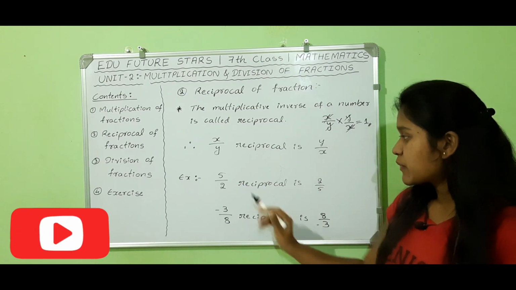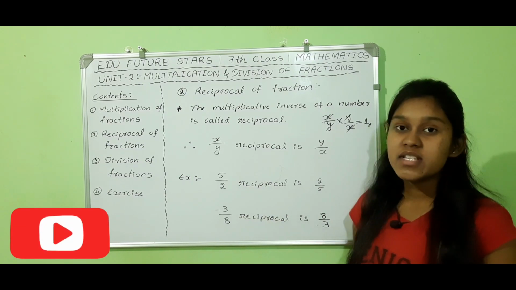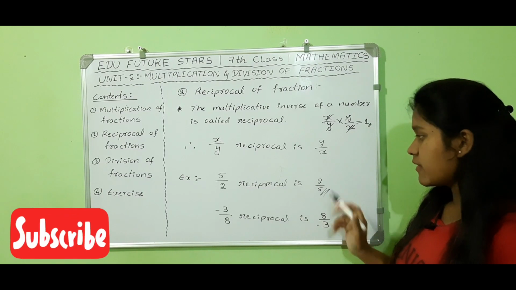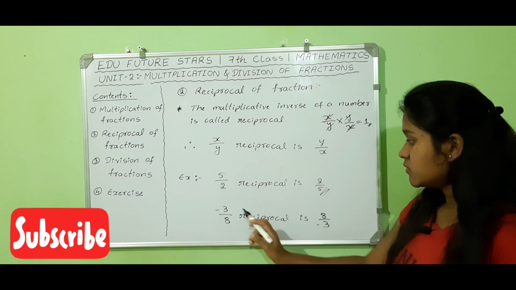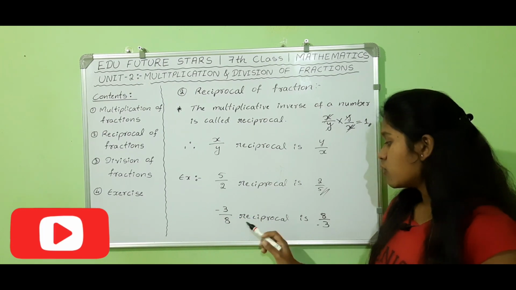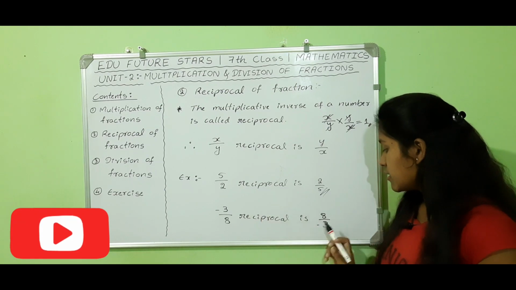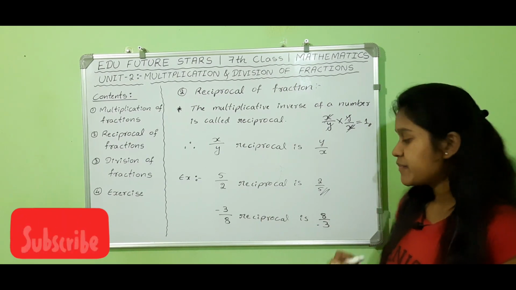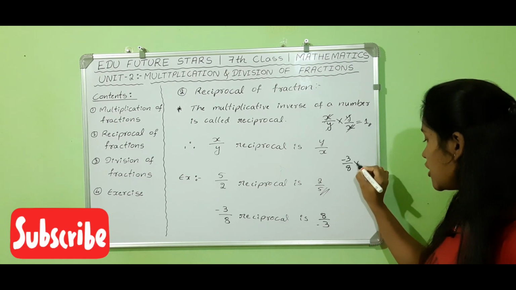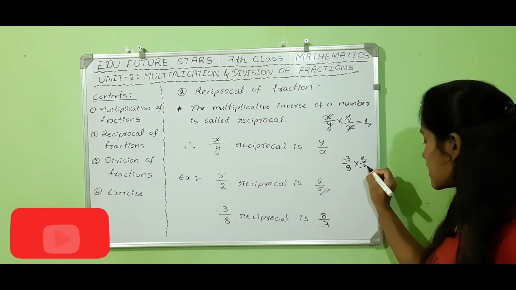See the example, 5 by 2. What is the reciprocal of 5 by 2? Which is 2 by 5, right? So 2 by 5 is the reciprocal. Next example, minus 3 by 8. What is the reciprocal here? 8 by minus 3. Let's see this one, minus 3 by 8 into 8 by minus 3.